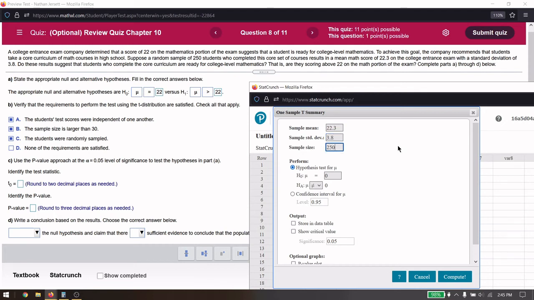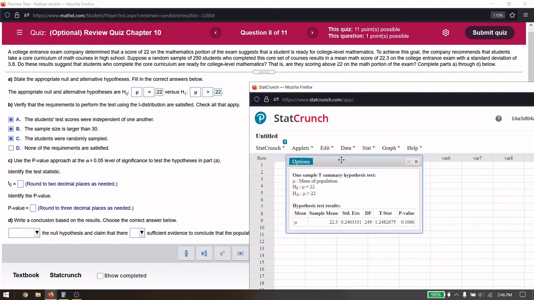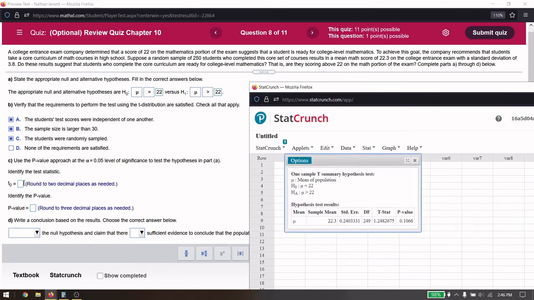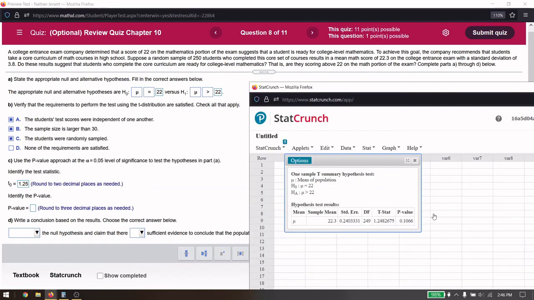I think the sample size said it was 250. Yes. So the hypothesis is that it equals 22, and we're looking for if it's greater than 22. Compute that. Okay, the test statistic is 1.25, and the p-value for that is 0.107.